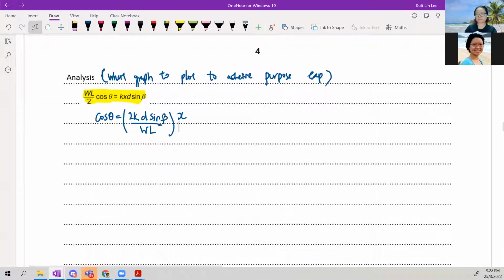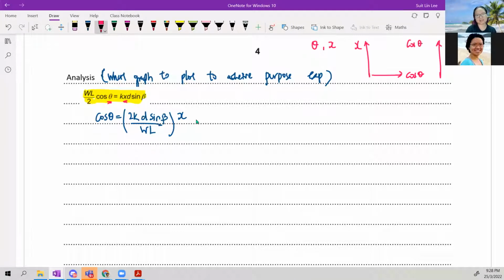Okay. So you could plot this cos theta against x. Because don't forget, it has to be one variable on one axis, the other variable on the other axis. So your variables are theta and x. Teacher, can I plot x against cos theta? Can I plot cos theta against x?